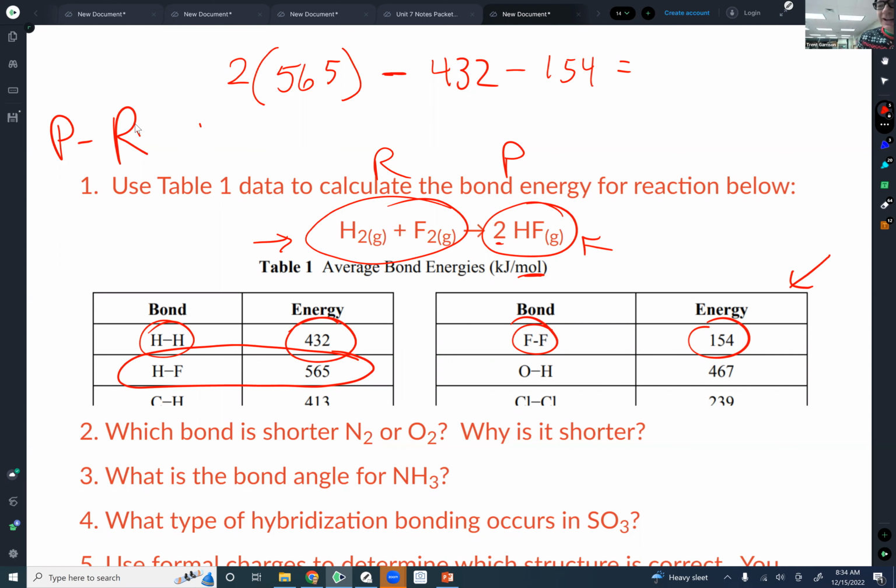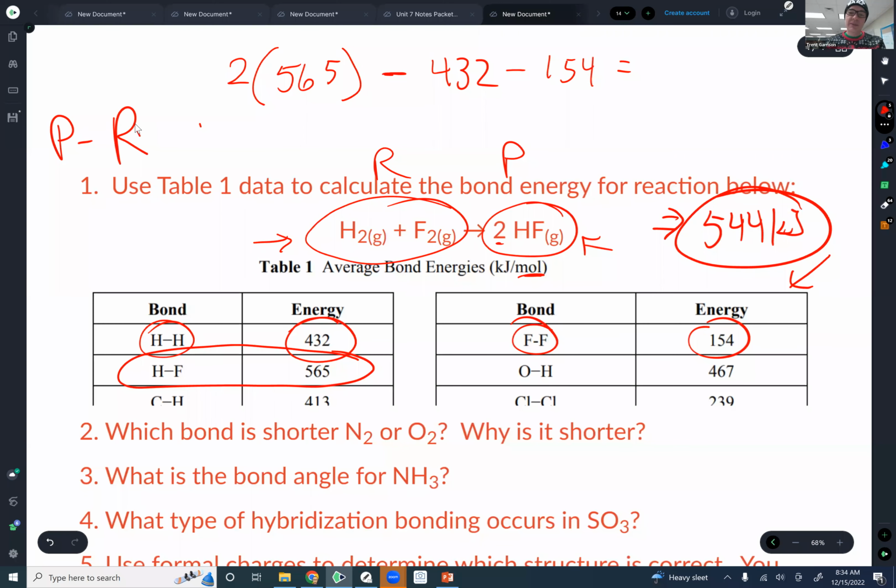No, it's right behind my screen here. So we're going to take 2 times 565 minus 432 minus 154, and the sum for this reaction is equal to 544 kilojoules. That's how much energy must be added to make this reaction occur.